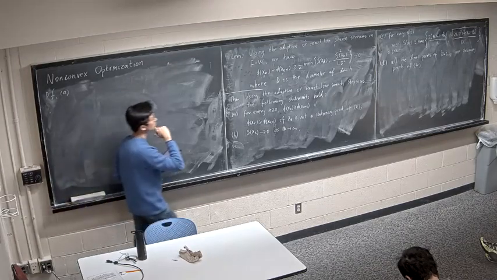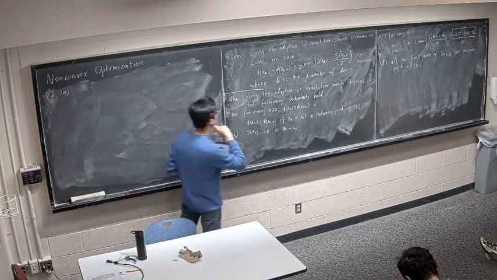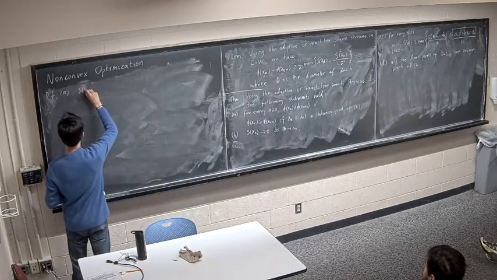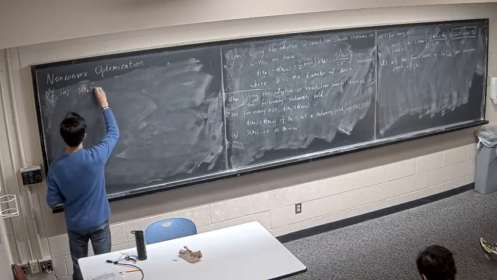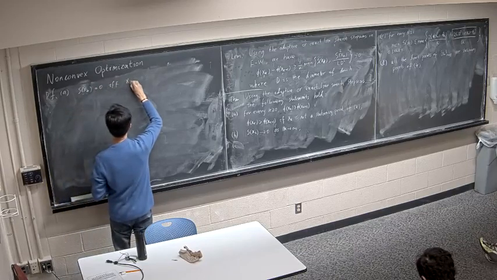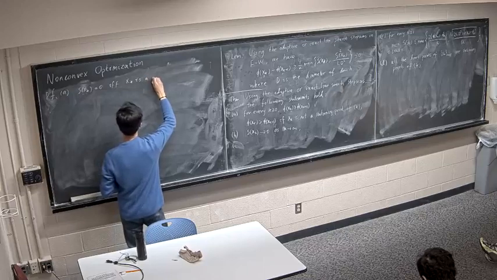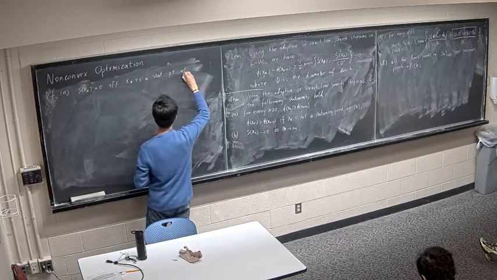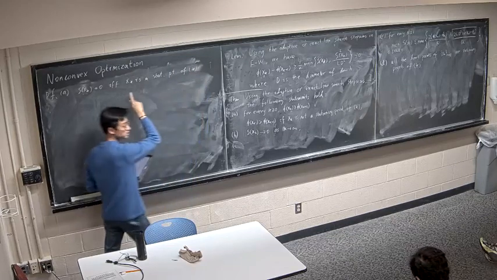We erase that lemma because we have shown that S of a point x star is 0 if and only if x star is a stationary point. We have this claim.